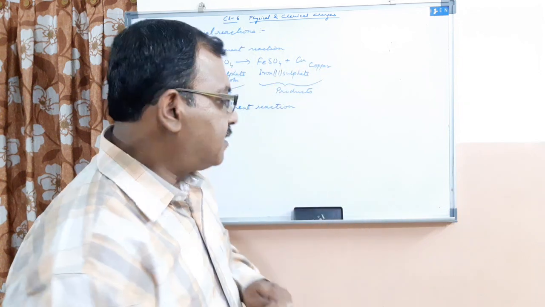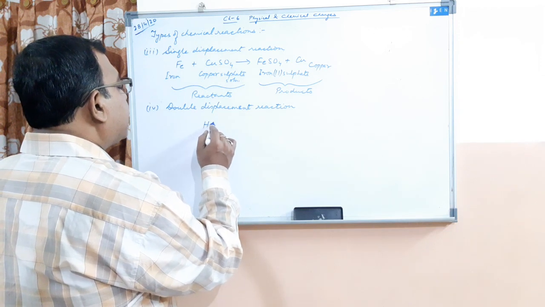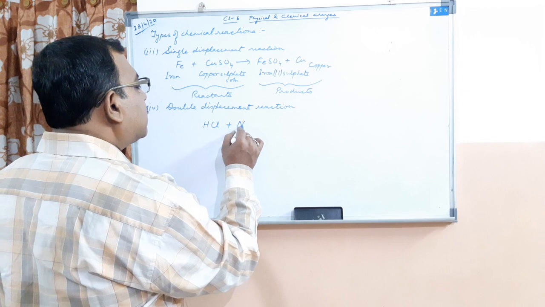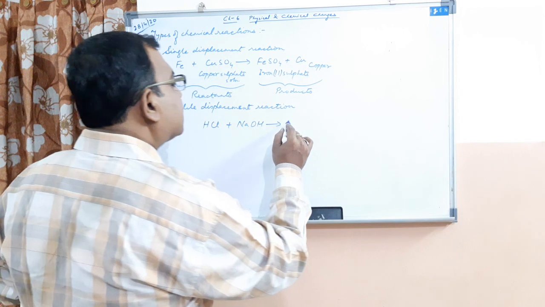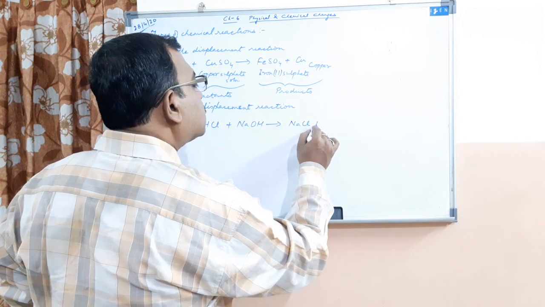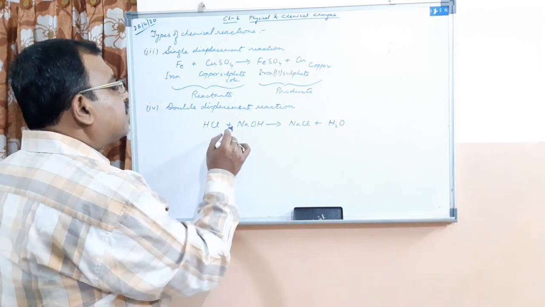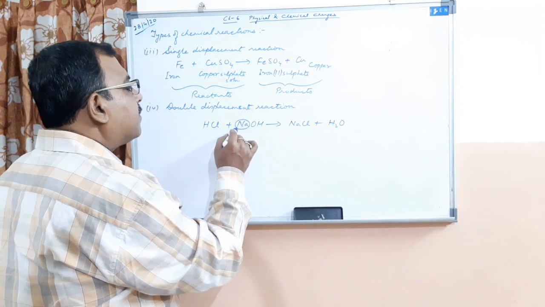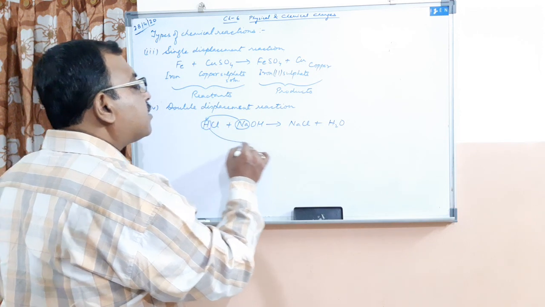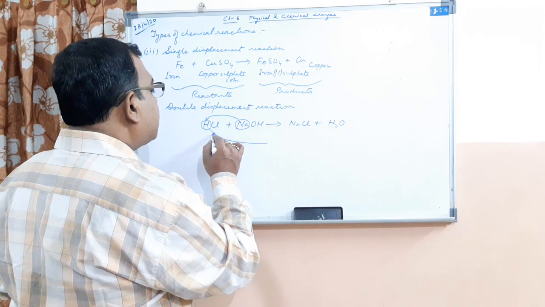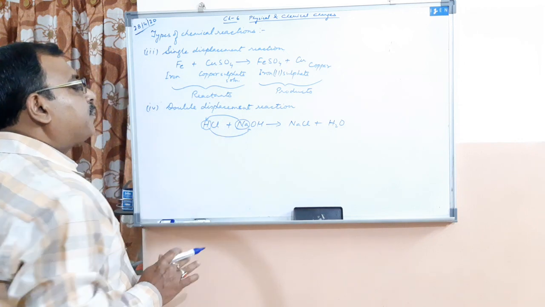Now see here nicely. For example, when HCl reacts with sodium hydroxide, we get sodium chloride and water. Now what you see here, that the sodium takes the place of hydrogen and the hydrogen takes the place of sodium, right?